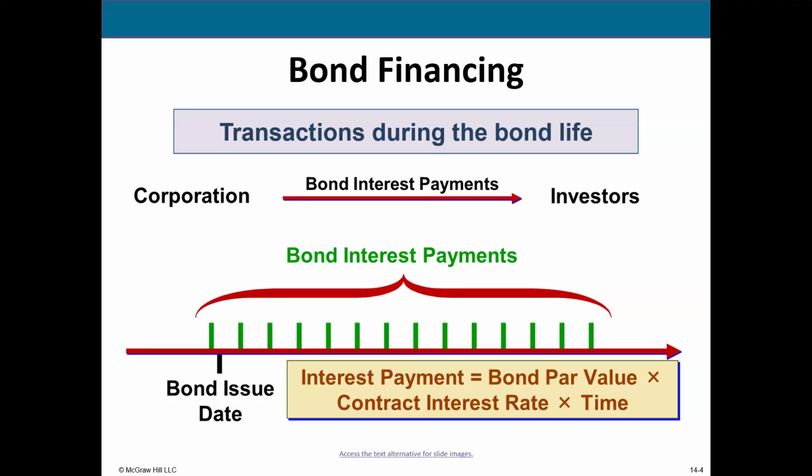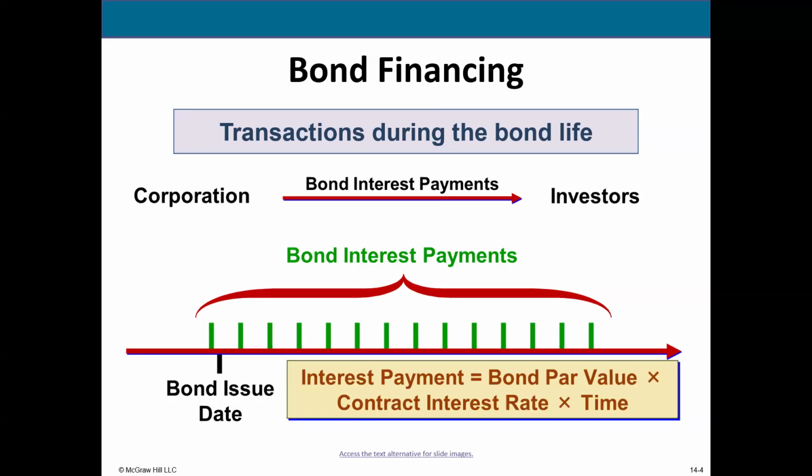So the company receives the cash from the investor or the bondholder for the face value, which is also known as the par value. And that bond is issued at a certain date, and the company receives the cash on a certain date. And then over the life of the bond, which is typically multiple years, the company pays the investor interest payments during those multiple years.